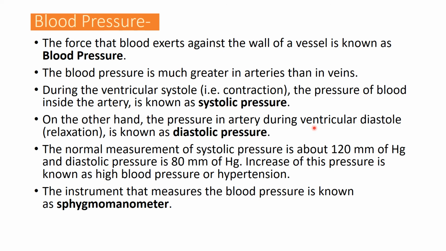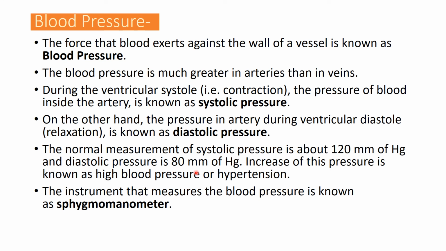And the pressure during the ventricular diastole, meaning at the time of relaxation, is known as diastolic pressure. And the normal measurement of systolic pressure is about 120 millimeter of mercury at atmospheric pressure, and diastolic pressure is 80 millimeter of mercury.